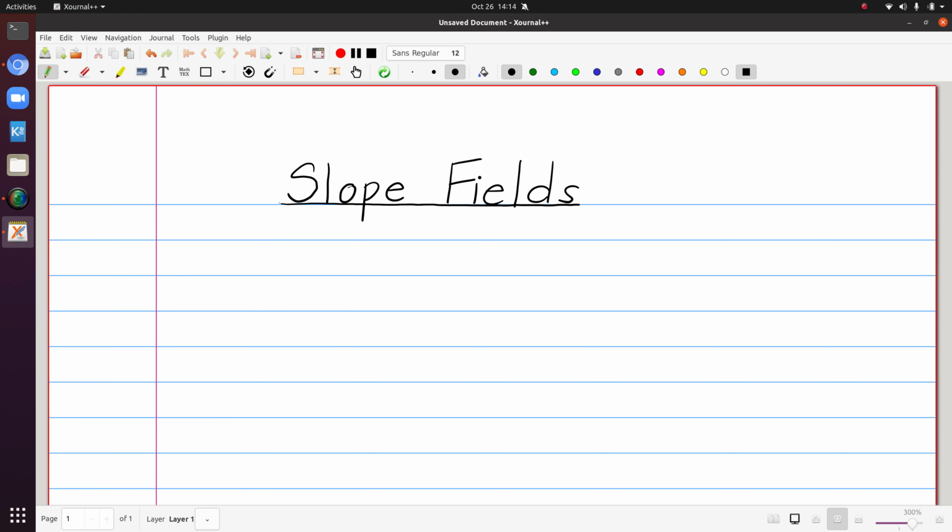So, continuing to talk about approximating solutions to differential equations, we can start to consider another thing called a slope field. To begin to think about this, we want to first consider what dy dt tells you about the solution y of t. We know that it's the slope of the tangent line.